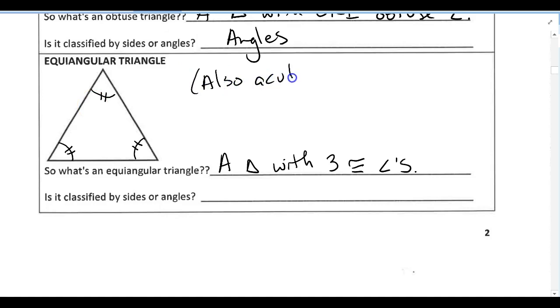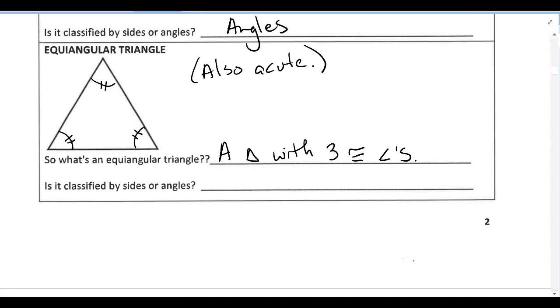Okay, but if it has three congruent acute angles, we're going to call it equiangular. And we're going to revisit this triangle in the next video and give it a different name based on the lengths of its sides. And again, start thinking about what each of these angles may measure. Again, this is classified by angles.